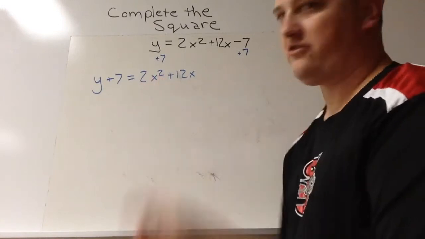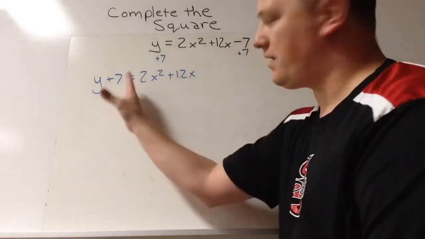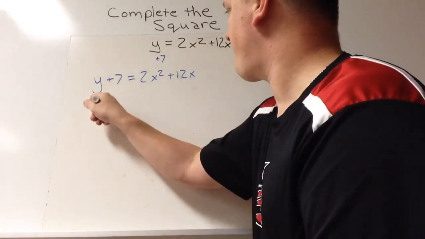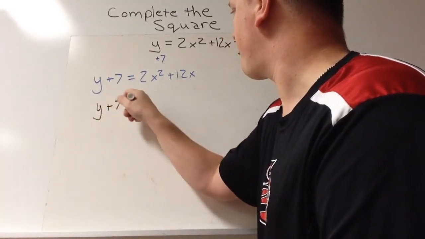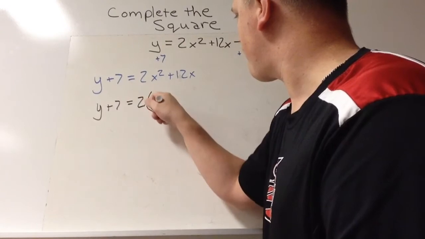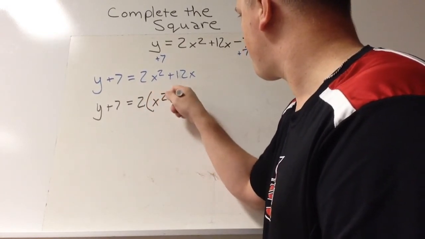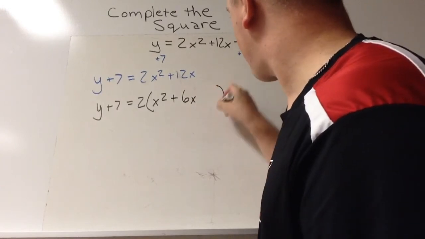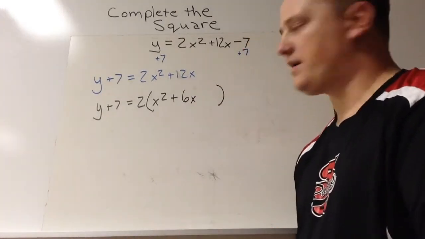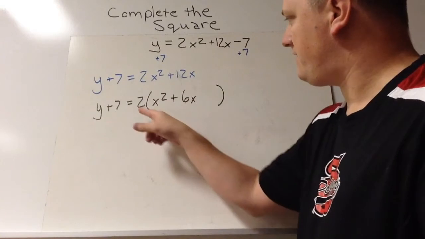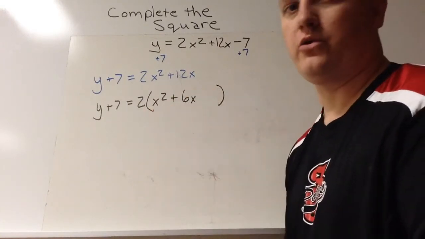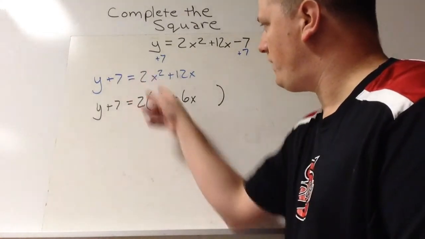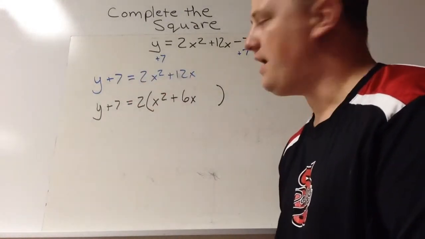Okay, because of that 2, we don't want the 2. So we're going to pull that out, and we're going to go like this. We're going to go x squared plus 6x, because when we distribute the 2, we would get 2x squared and 12x.